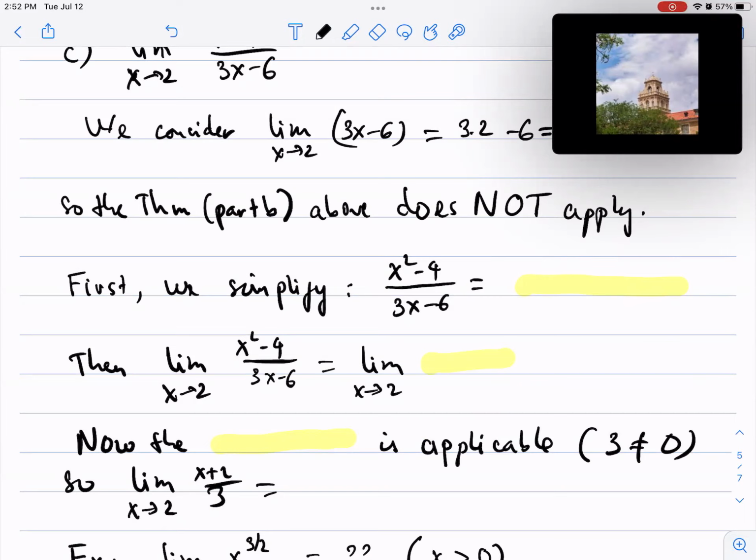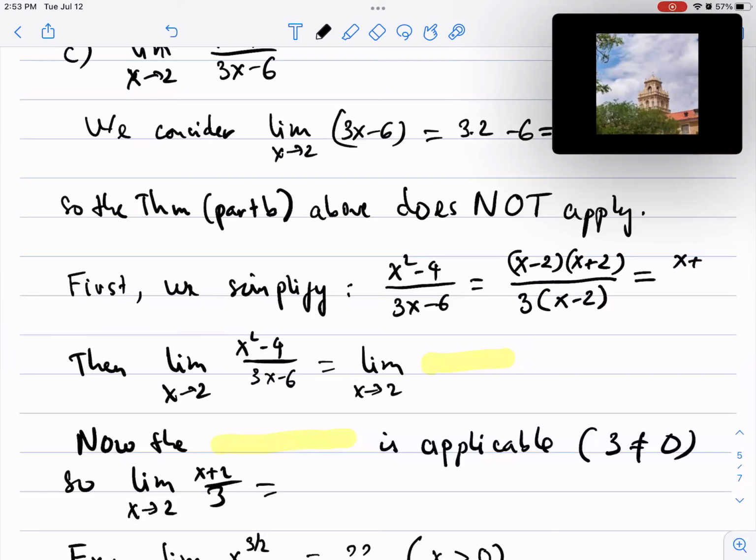So we simplify x squared minus 4 divided by 3x minus 6 as follows. The numerator here is x minus 2 times x plus 2. The denominator here is 3 times x minus 2. So both have that common factor x minus 2, and they can cancel out each other.